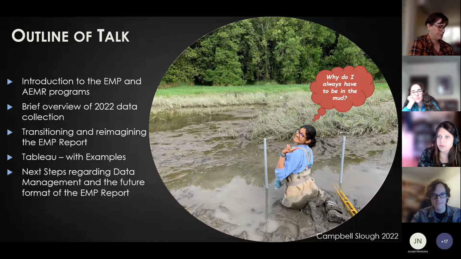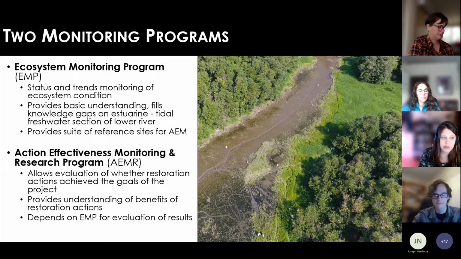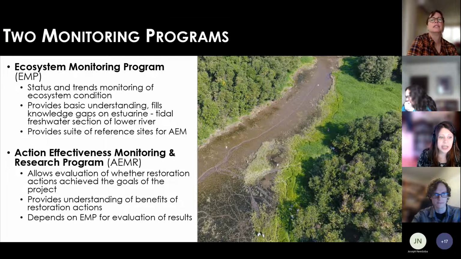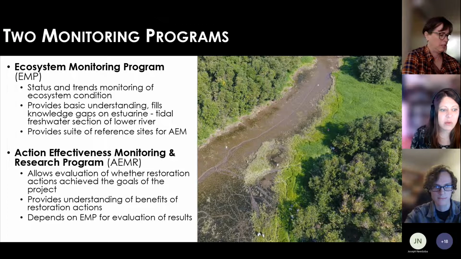All right, so for the benefit of those who are not aware, and probably folks who see this online, because I know everybody in the room is fairly familiar with our Ecosystem Monitoring Program and our Action Effectiveness Monitoring Program. These two programs really work hand in hand. The Ecosystem Monitoring Program's main goals are to track the status and trends of the ecosystem conditions in the Lower Columbia River Estuary, focused on the ideal or reference condition tidal emergent wetland habitats that are so critical for salmonids.